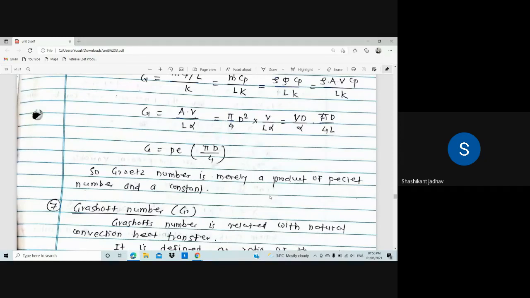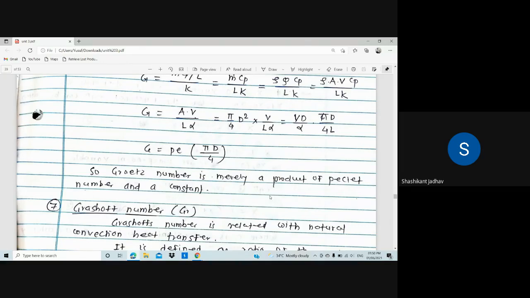By the simplification we get the Graetz number as G is equal to Peclet number into bracket pi into d divided by 4. So Graetz number is merely a product of Peclet number and a constant.